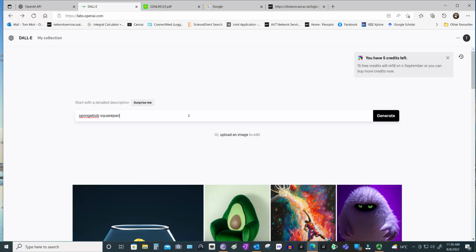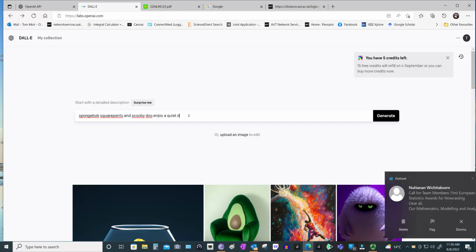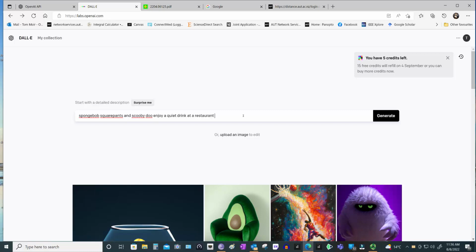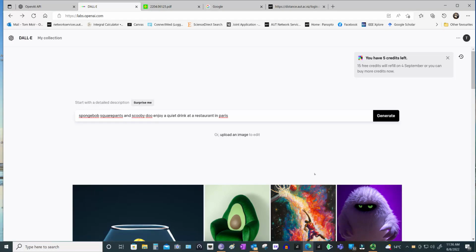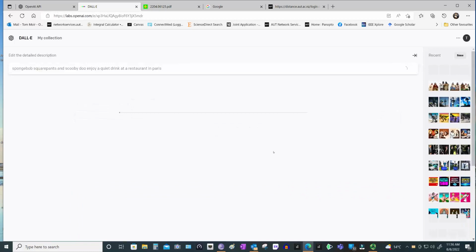SpongeBob SquarePants and Scooby-Doo enjoy a quiet drink at a restaurant, let's say in Paris. So SpongeBob SquarePants and Scooby-Doo enjoy a quiet drink at a restaurant in Paris. Let's see what it comes up with.